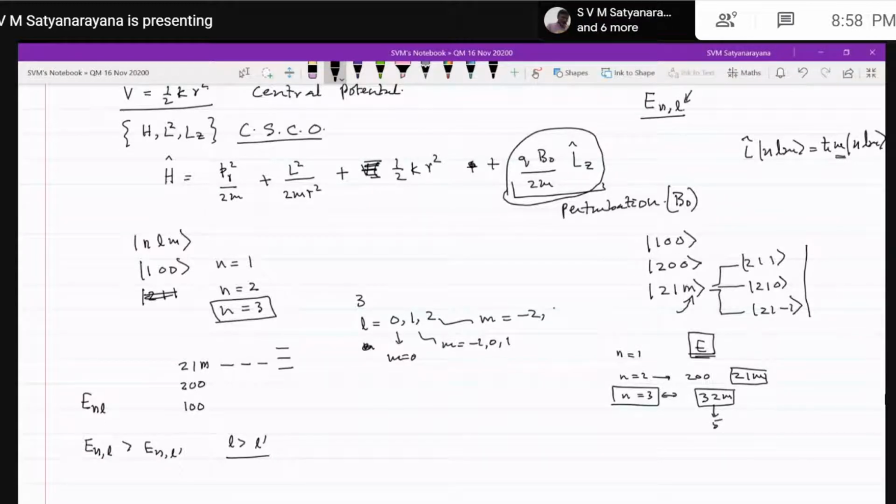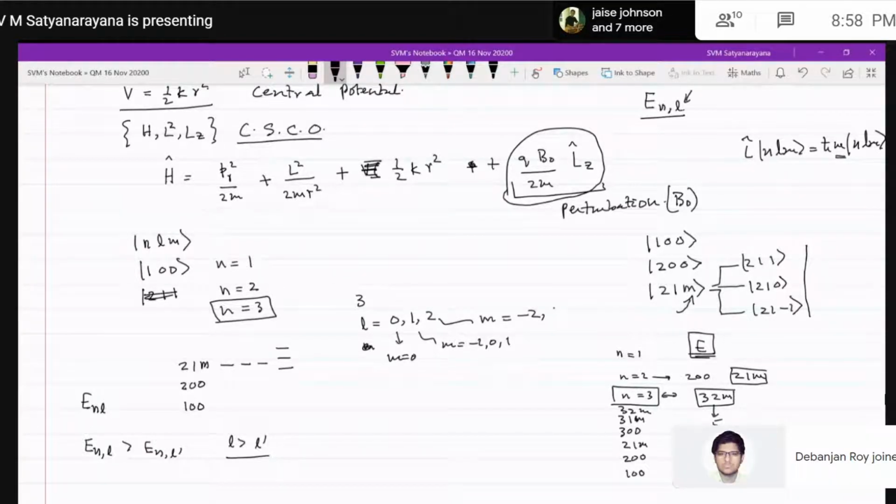So if you take 100, 200, 21m, 300, 31m, 32m, this is first, second, third, fourth, fifth excited state. Only the fifth excited state will have degeneracy of 5 and 5 distinct levels will come.